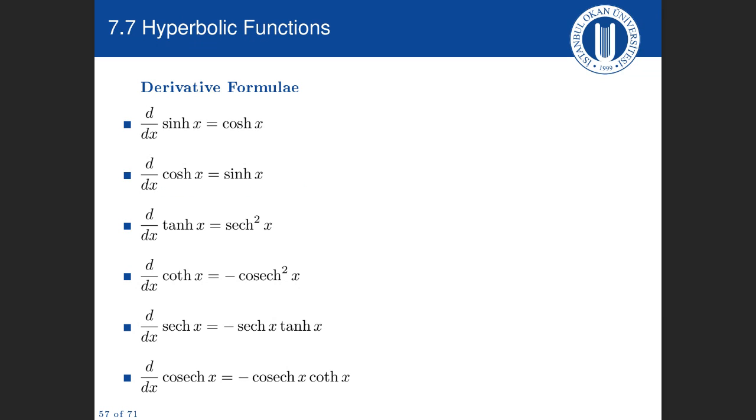The derivative of tanh x is sech squared x, and the derivative of coth x is minus csch squared x. The derivative of sech x is minus sech x tanh x, and the derivative of csch x is minus csch x coth x.